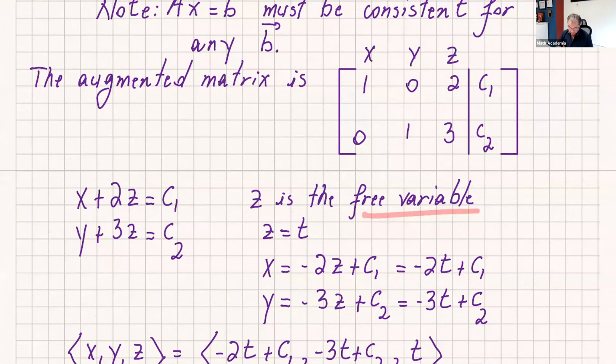You can call Z to be T or S or any number. Then you can isolate X, which is negative 2Z plus C1, so that's negative 2T plus C1, and same as Y is going to be negative 3T plus C2.